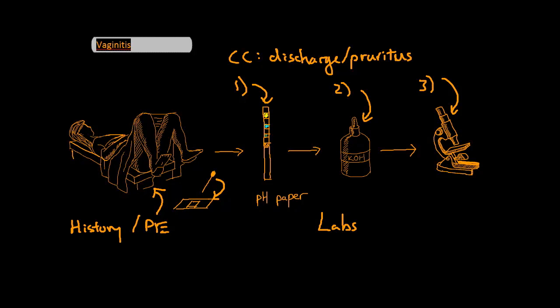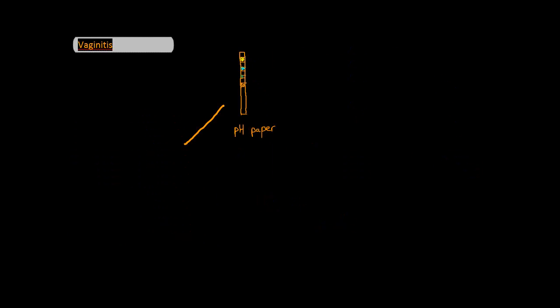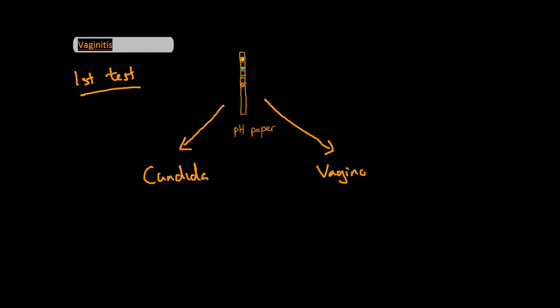For the pH test, the provider dips a pH paper onto the slide to determine the pH. What you should remember is that the pH swab will differentiate between Candida and the other two, so vaginosis and Trichomonas. Candida is at a normal pH, which is less than 4.5, and the other two are at a higher pH, greater than 4.5.